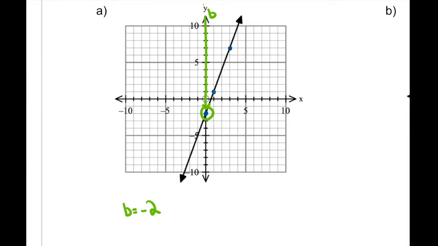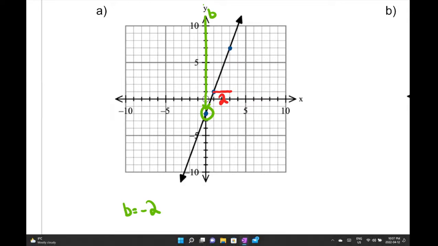So I start at this point, and I need to figure out what is my run. Basically, how far left or right do I have to go to get to my next point? Well, in this case, I have to go 1, 2. So I have to go 2 to the right, in the positive direction. And now I need to figure out my rise.